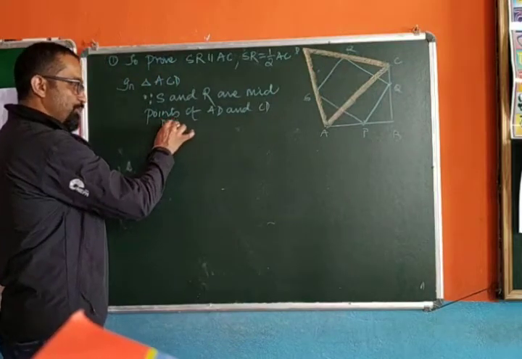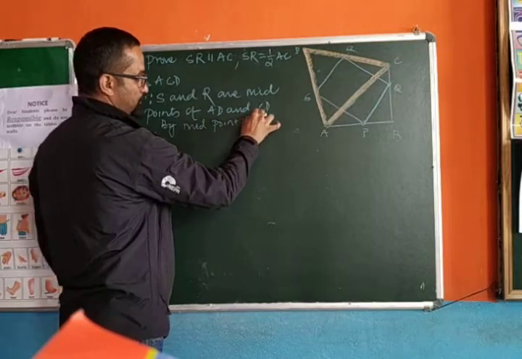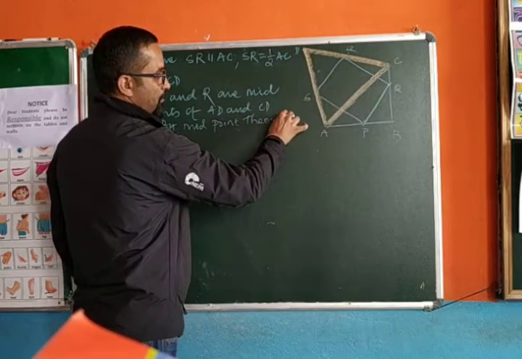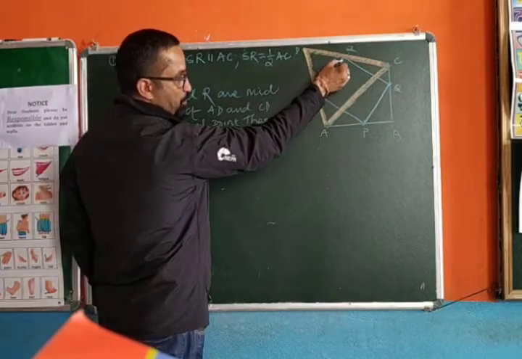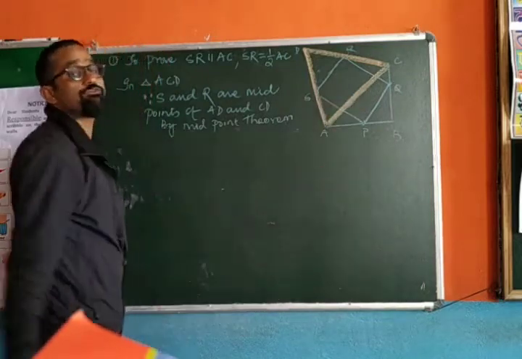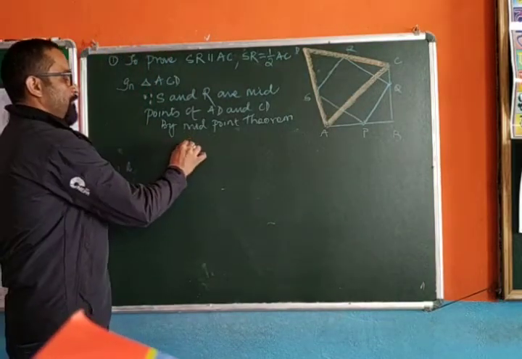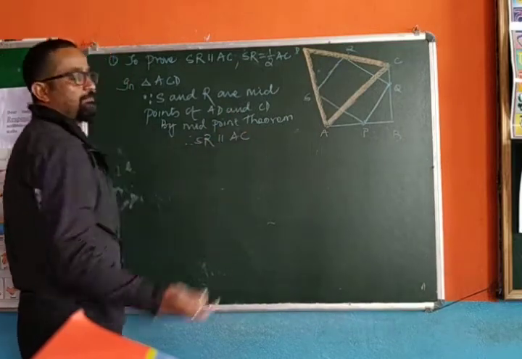By the midpoint theorem, the line passing through the midpoints of any two sides of the triangle is parallel to the third side. Therefore, SR is parallel to AC. Proved.